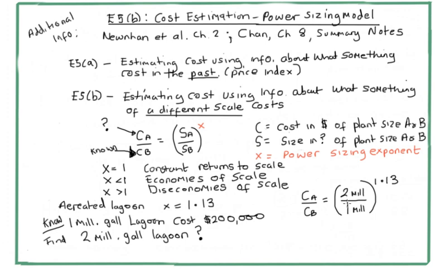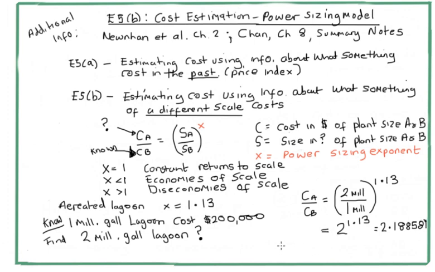So the relative cost of A to B is going to be 2 to the 1.13, which turns out to be, if you can check that if you like, 2.18887. We'll go with all the decimal places because we've got them.